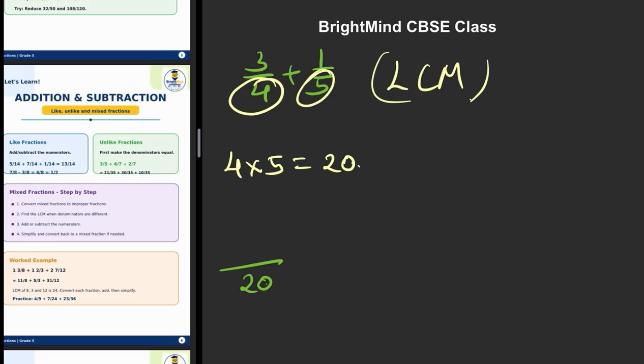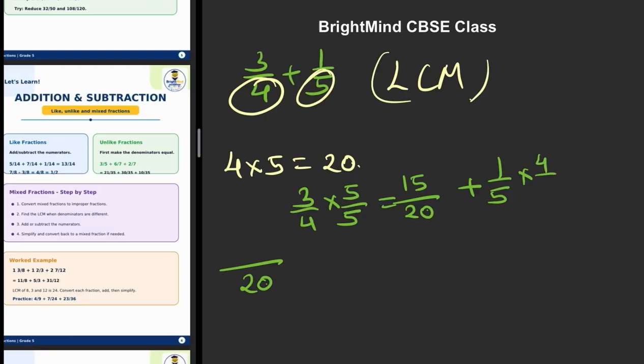We can write 3 by 4 into 5 over 5, which is equal to 3 into 5 is 15, 4 into 5 is equal to 20, plus we can take the other fraction, 1 by 5 into 4 over 4, which is equal to 4 by 20.